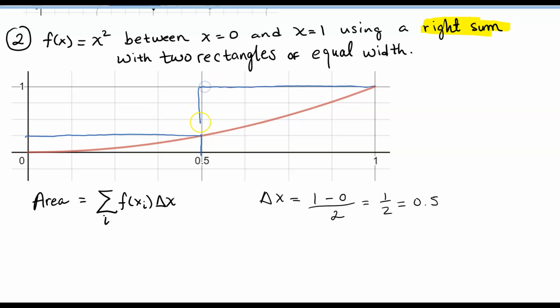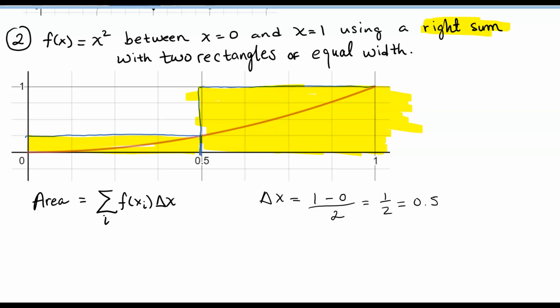Then we draw another rectangle there. So now we've got 2 rectangles. Notice we are definitely overestimating because the function is increasing. So we're going to calculate that area, and let me finish shading it in so you can see what we're doing here.